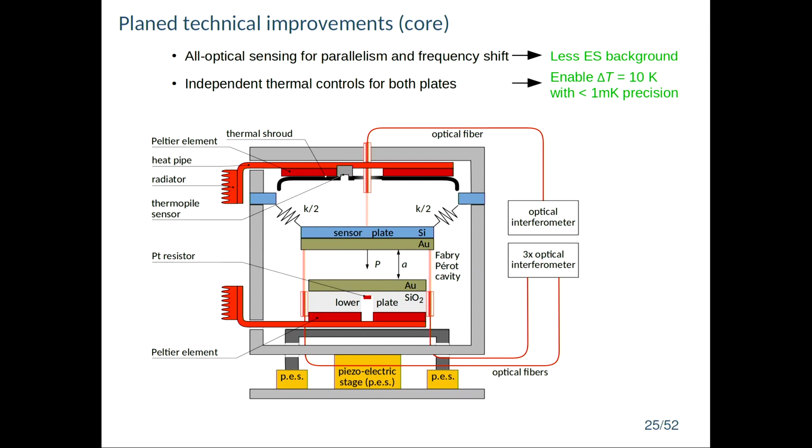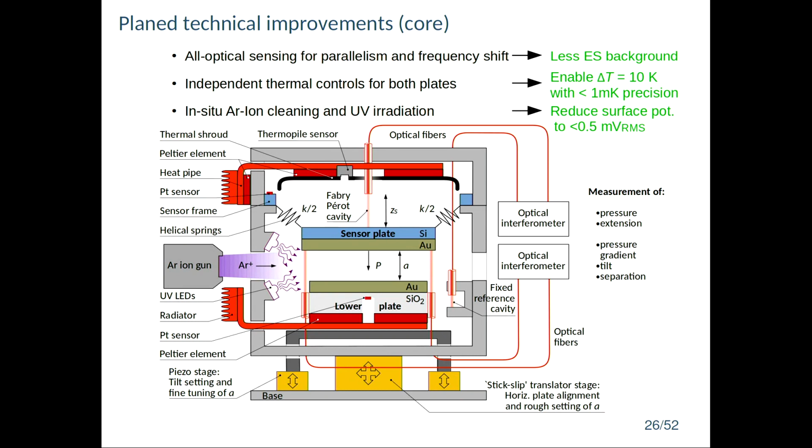It goes just via radiation. That is possible due to the transmission properties of the silicon plate here, that you can directly control everything within 1 millikelvin precision. That's necessary to get the necessary force resolution. And at the same time, we want to have 10 Kelvin difference between the sensor plate and this lower plate here.